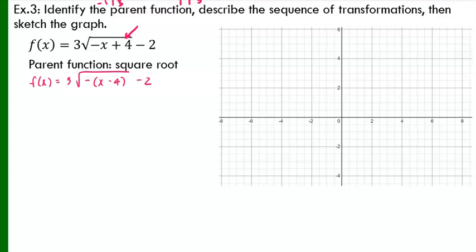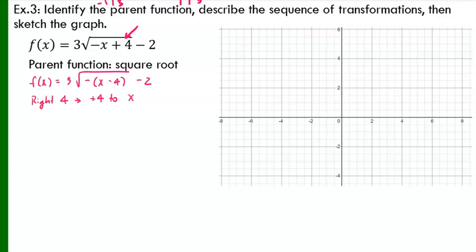So a couple of things that we know with the translation: we know that it's a right 4. And how does that mathematically translate? We have to add 4 to the x value.